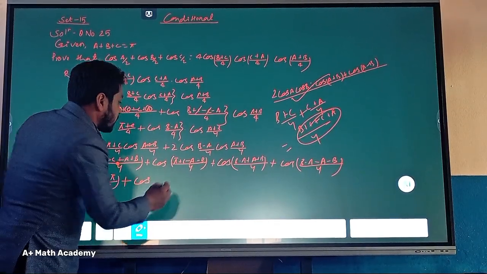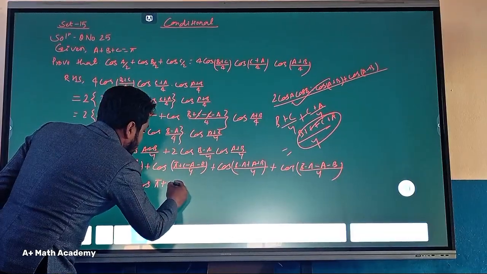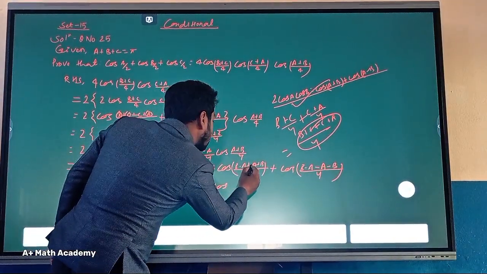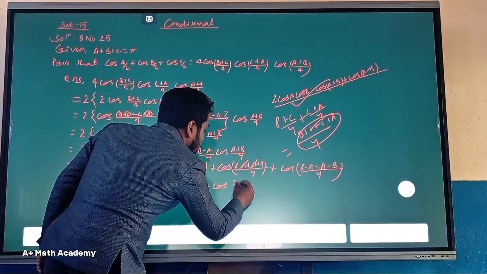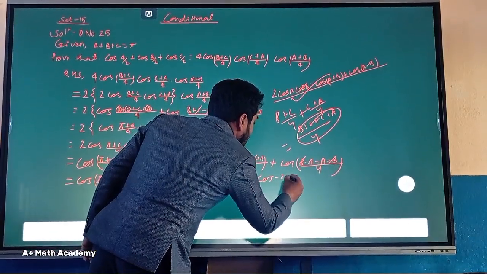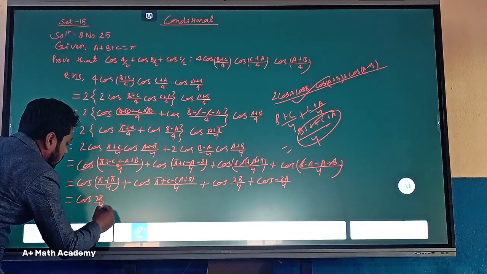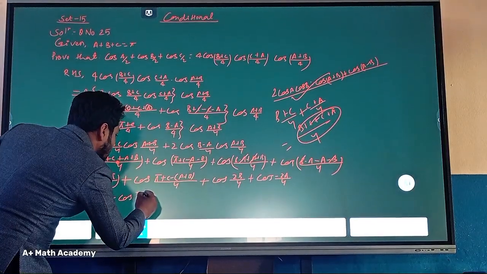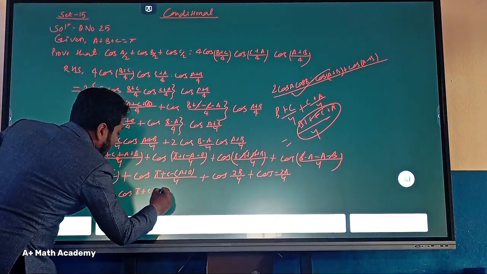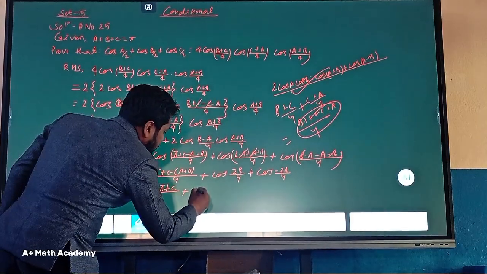Then cos (pi plus C minus A minus B) by 4: taking minus common, A plus B is pi minus C, so it becomes cos (pi plus C minus pi plus C) by 4, that is cos 2C by 4. Then cos 2B by 4, and cos of minus 2A by 4.